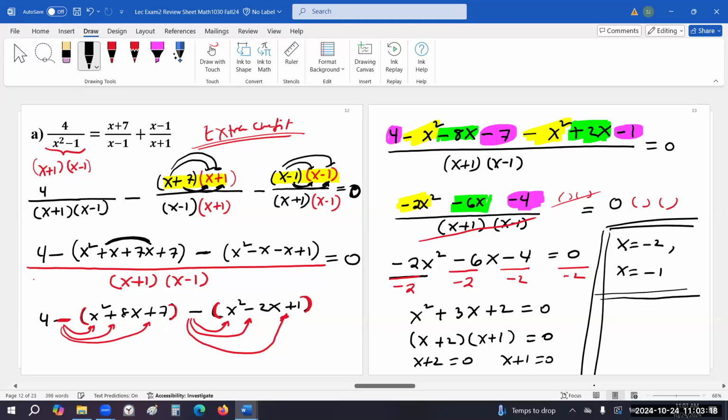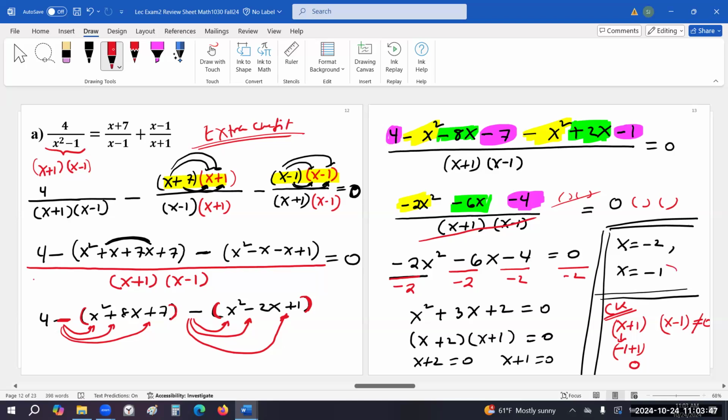Are we done? Now, what do you do next? We check. Our LCD is (x plus 1)(x minus 1), and we know we don't want it to be 0. So what do you observe? When our x is negative 1, we have negative 1 plus 1, which is 0, right?